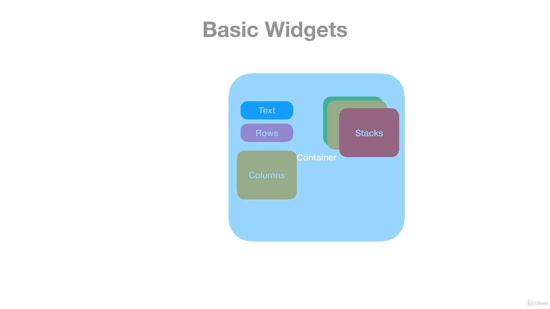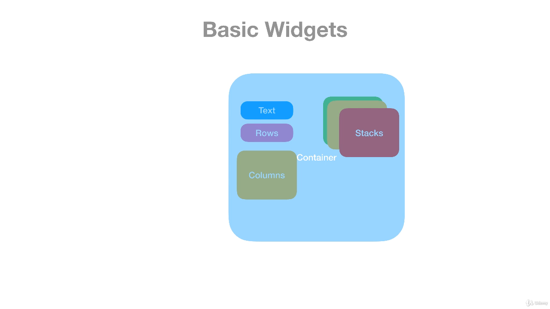Then we will have a main container, which can contain everything that we just discussed, other widgets such as text, rows, columns, stacks, and so forth. And the other thing for us to really wrap our heads around, our basic widgets and the way things are laid out, is to think of everything as a tree-like hierarchy, right?